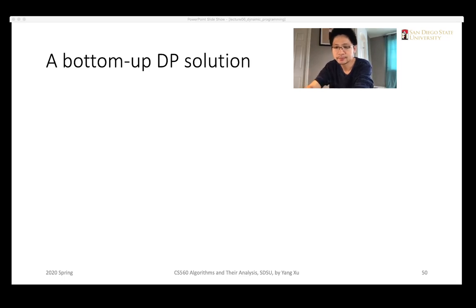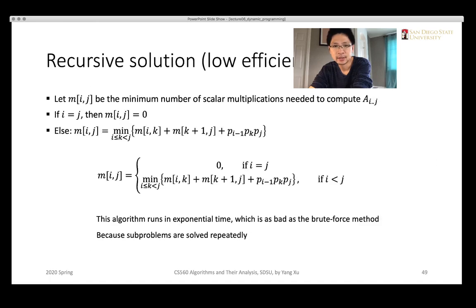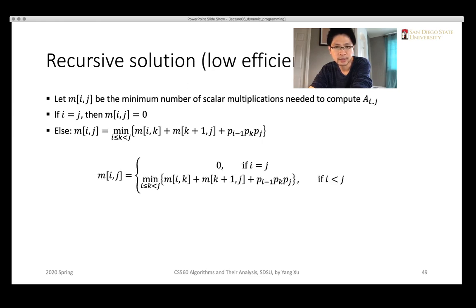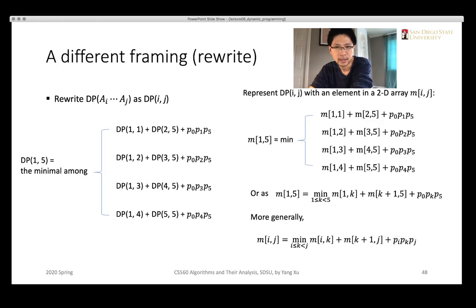Basically, we can decompose the original problem of multiplying a chain of matrices into subproblems. The key cost of solving subproblems is the cost of multiplying two matrices together.